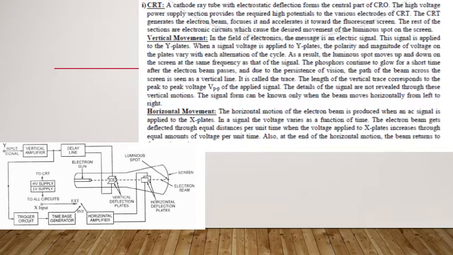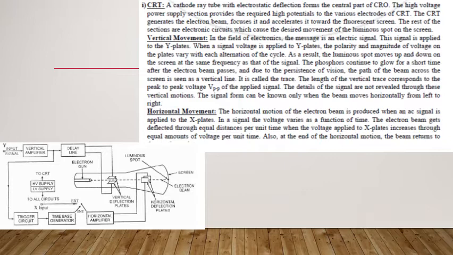Cathode ray tube basically is a tube with electron diffraction. This forms the central part of CRO. The high voltage power supply section provides high potential to the electrodes of the cathode ray tube.